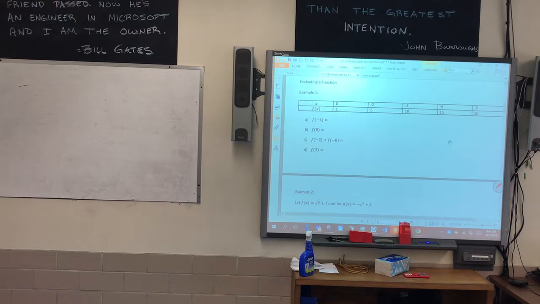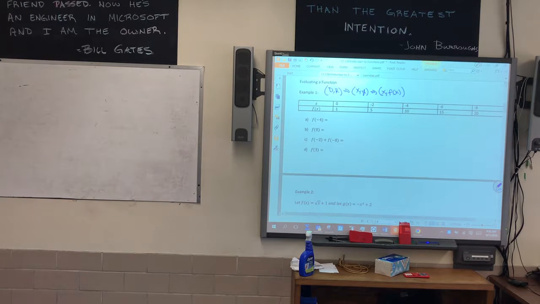So what happens a lot of times, guys, is they could give me the same thing, this table, as a set of ordered pairs, because really, if I go domain and range, domain, comma, range, is that the same thing as x, comma, y? Okay, now we're not using y values, we're using f of x values, right?